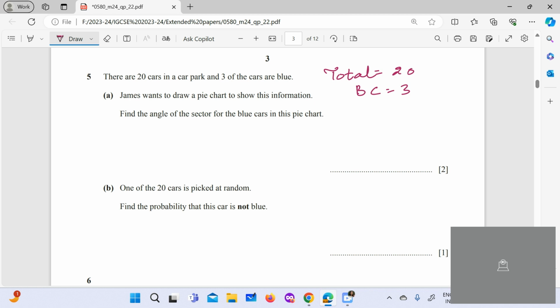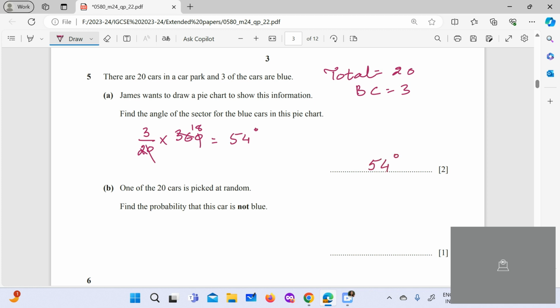Find the angle of the sector for the blue cars in this pie chart. Okay, so you have to find the angle of the sector, and the complete angle is 360 degree. So it will be 3 over 20 times 360. Easy. So that will give you 54 degrees.